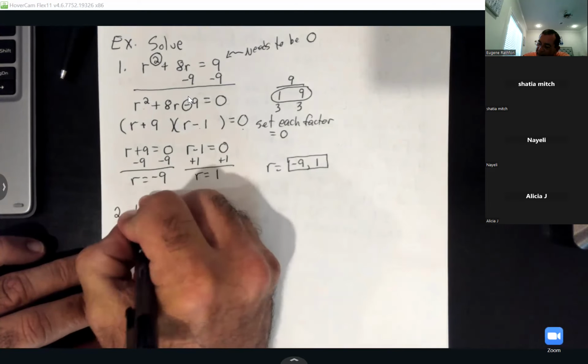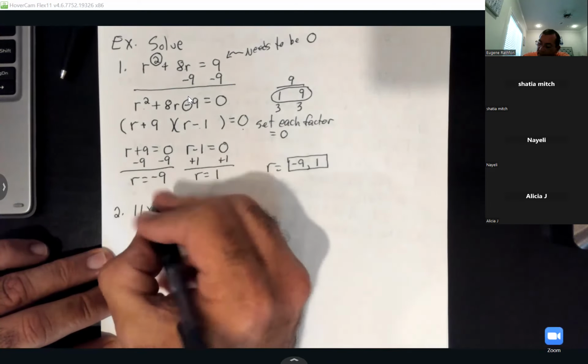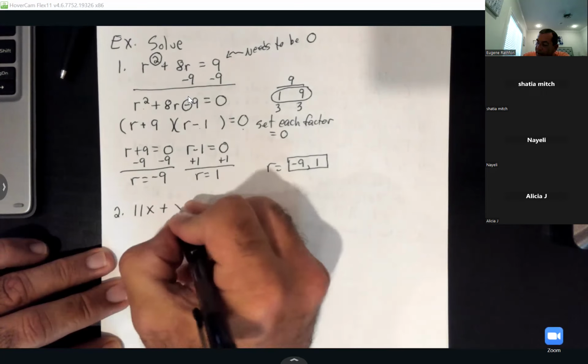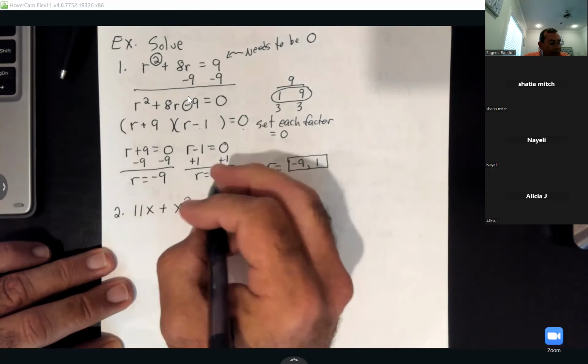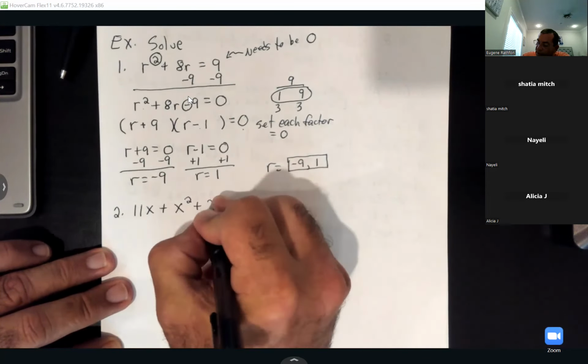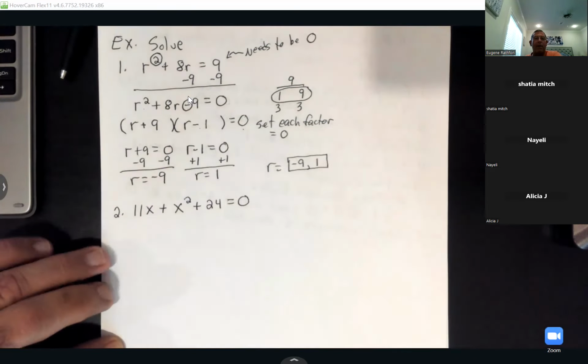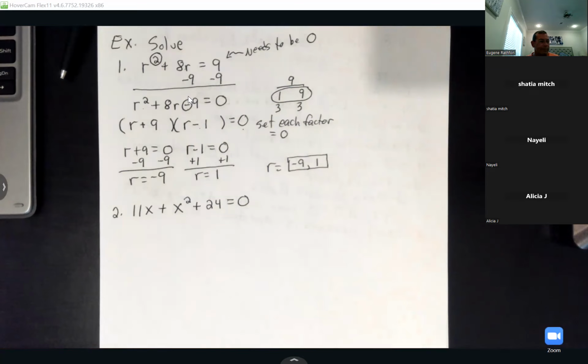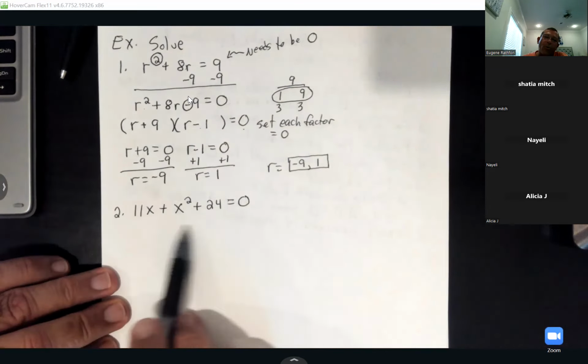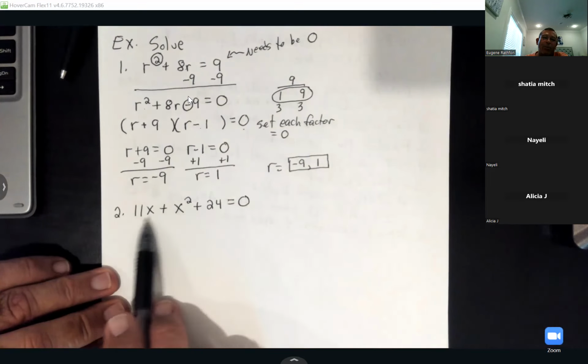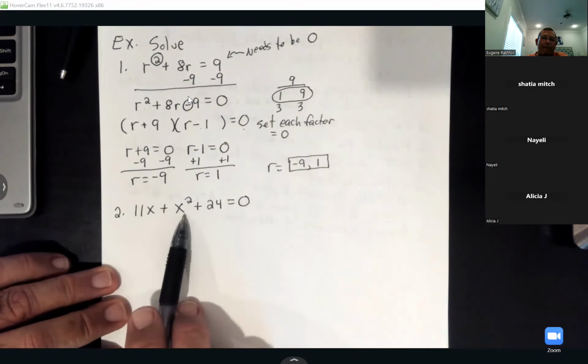So here we go, 11x plus an x squared plus 24 is going to equal 0. So we've got to do a little work first on this one because we're sort of out of order here.